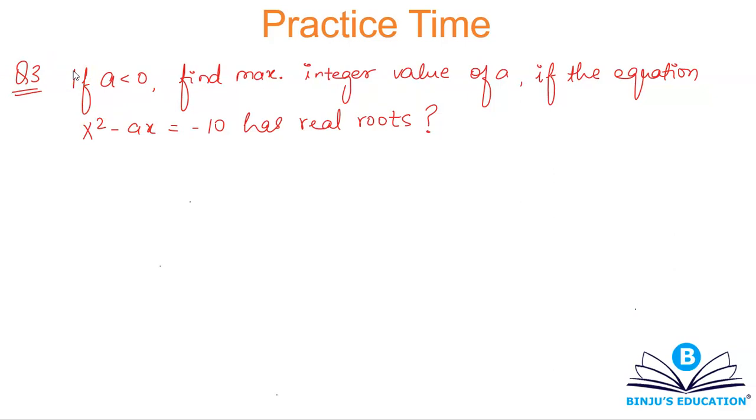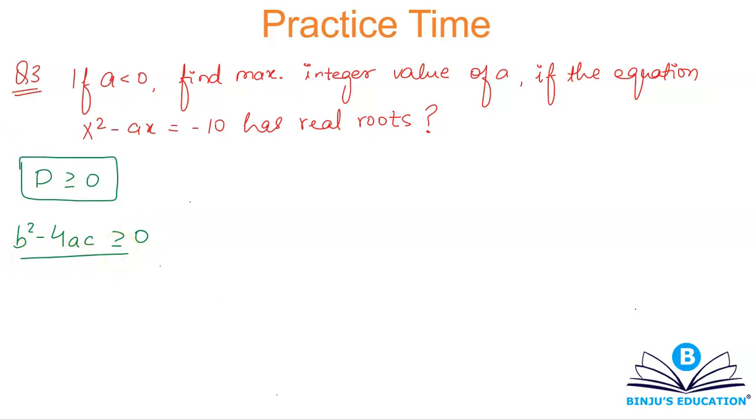So a is less than 0, find the maximum integer value of a if the equation has real roots. Now if you want real roots, then you want your discriminant to be greater than or equal to 0. For D greater than 0 you have real and distinct, for D equal to 0 you have real and equal. You want real roots, so you want the discriminant to be greater than or equal to 0, which means you want b square minus 4ac to be greater than or equal to 0.